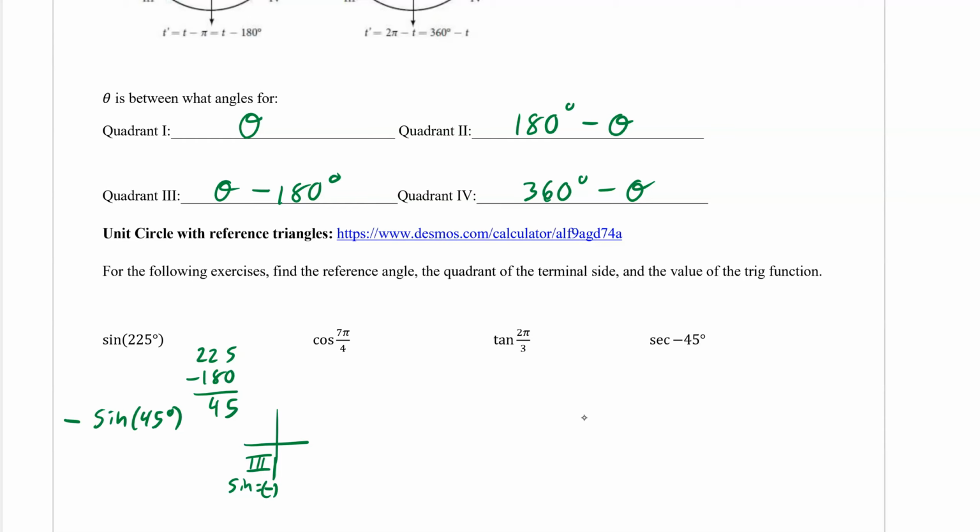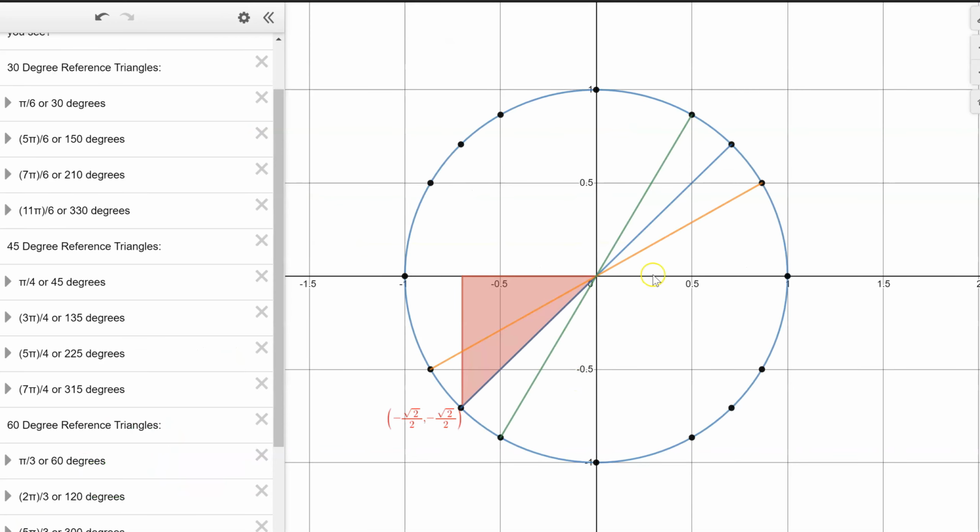So sine of 225 will be the same as negative sine of 45, which is negative square root of 2 over 2. So what we did is we took the 225, subtracted 180 and got 45, and said, well, at 45, it's square root of 2 over 2. So then it would be negative radical 2 over 2. And yes, you can use a unit circle to find all these values. It's a lot quicker, but it's nice to have a second method.